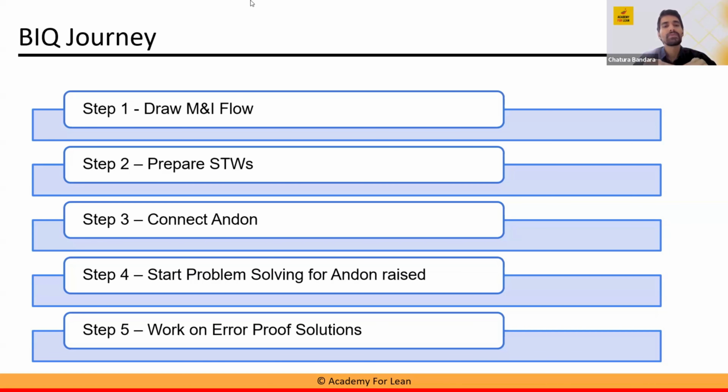But from step 2, in the Certified Quality Expert Program, you will learn what STW is in detail: how to make an STW for manufacturing from the 4P process itself, and how we connect the STW initiation process from the product development stage itself. That is step 2.